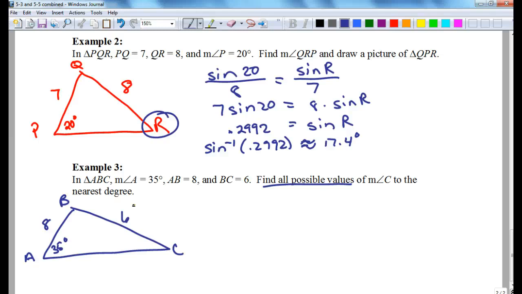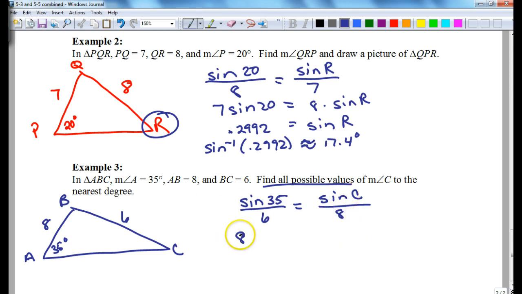It's the exact same problem that we did before, except different numbers, okay? So, sine 35 goes with what? 6. Okay, sine C goes with 8. So let's cross multiply that.